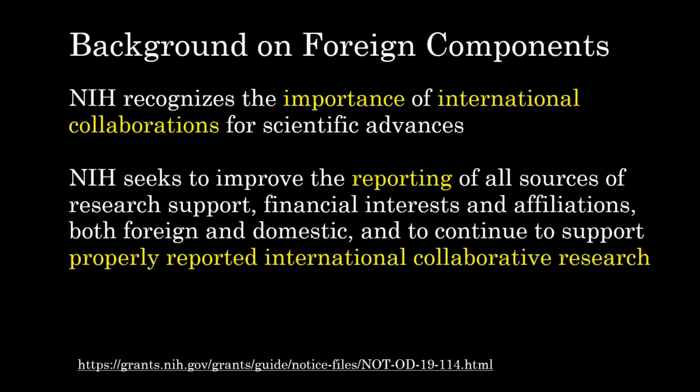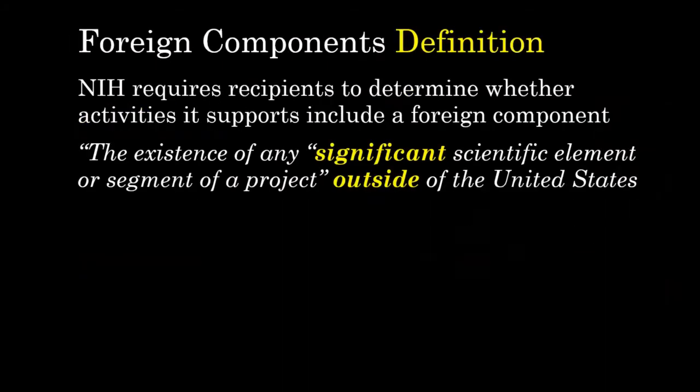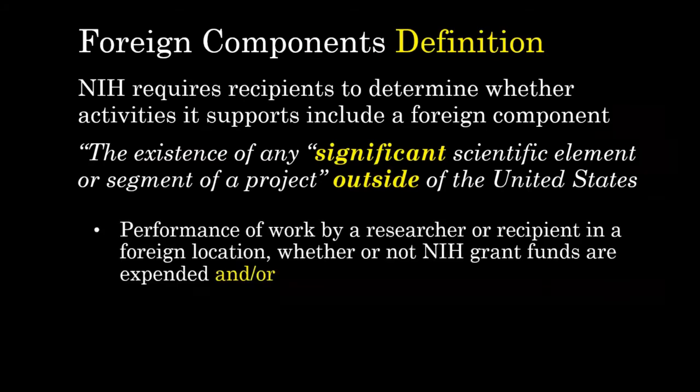NIH seeks to improve the reporting of all resources in this area, and that we have properly reported international collaborations on research. Foreign component definition: NIH requires recipients to determine whether activities it supports include a foreign component. That is the existence of any significant scientific element or segment of a project outside of the United States.